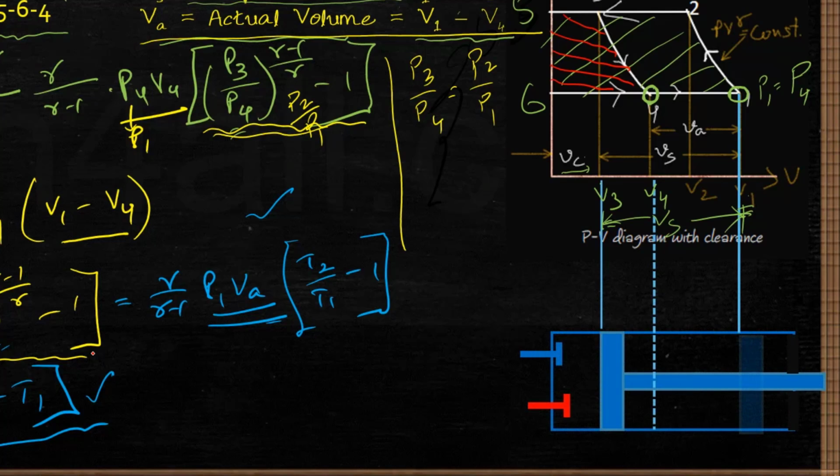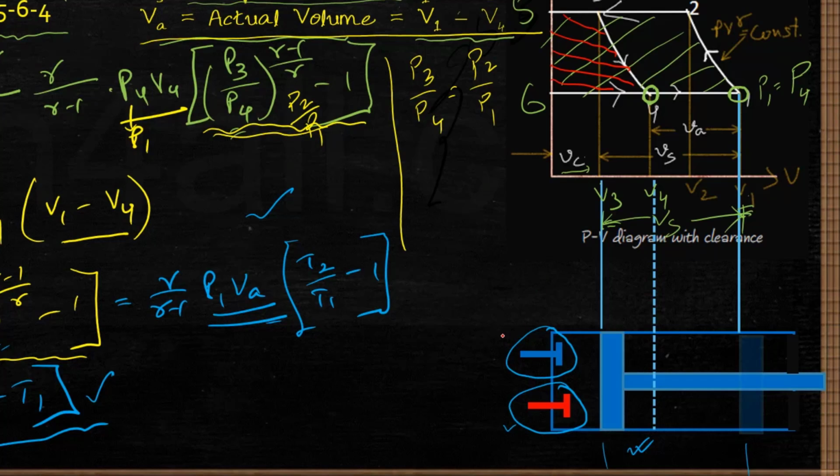You can also see this diagram compared with this reciprocating compressor. So this is the TDC and this is BDC. What is this valve? The red one is the delivery valve or exhaust valve, and the blue one is the suction valve or intake valve.